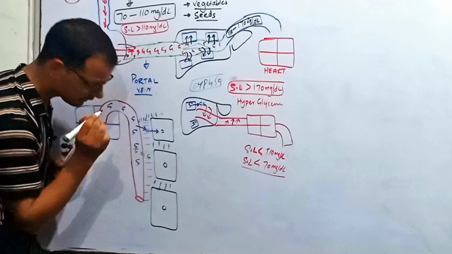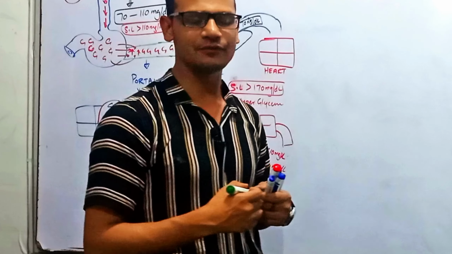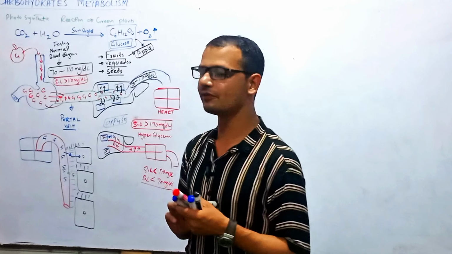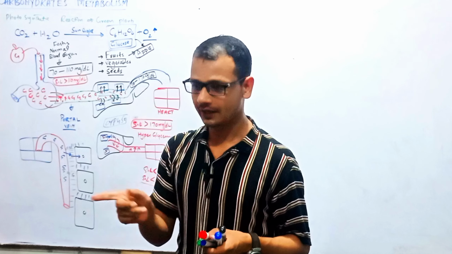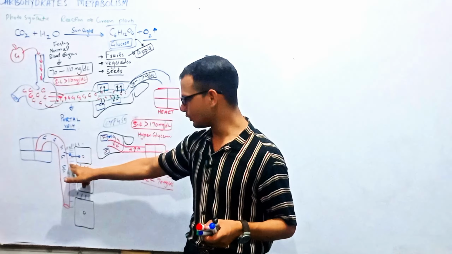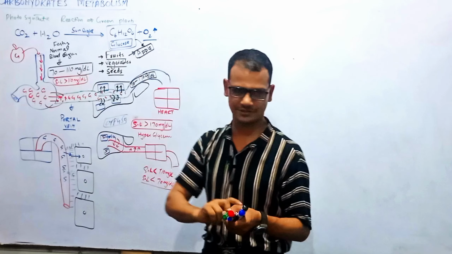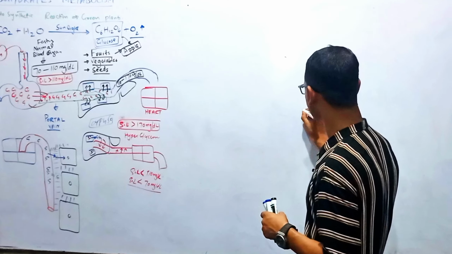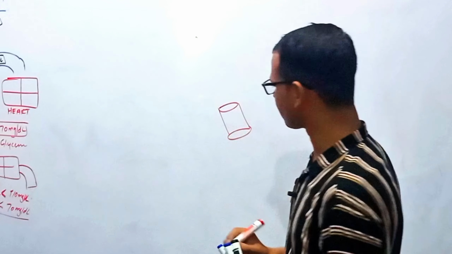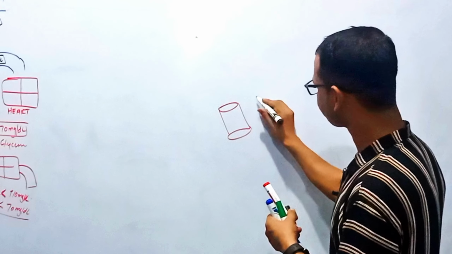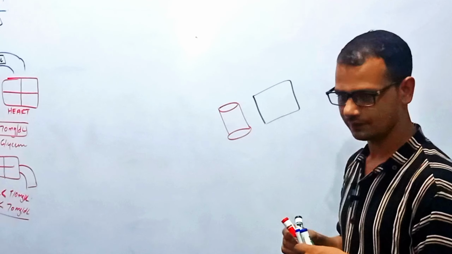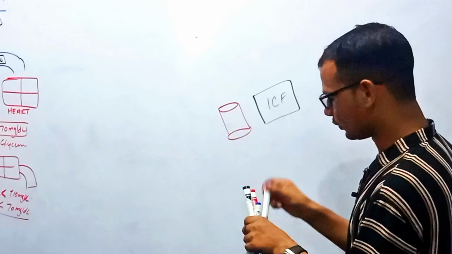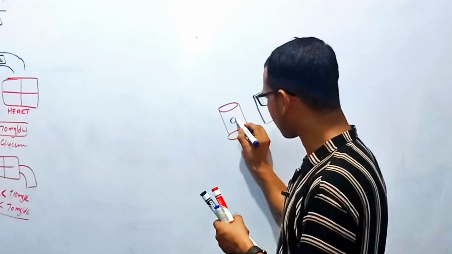The glucose level is the same because, if you remember the body fluids which we discussed in your first year, I told you that extracellular fluid is divided into two parts. For example, this is blood and this is a cell. This area is called intracellular fluid, and here you all know the RBCs are present.